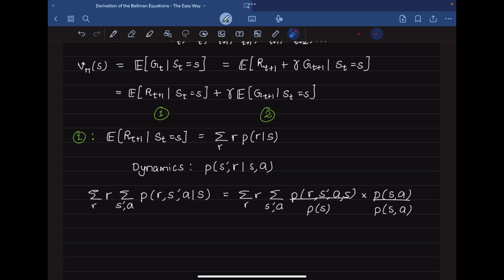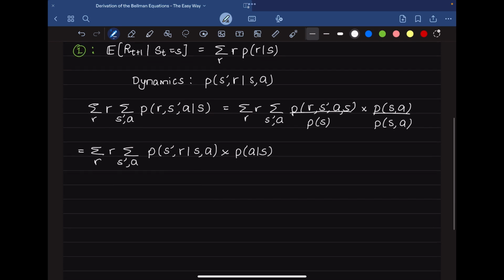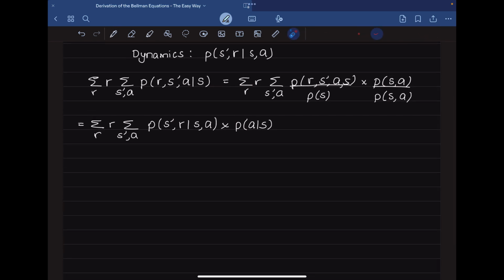And now let's just focus on this particular part, and this will basically make it equal to summation over all R, summation over all the next states and actions, probability of going in the next state S prime and getting the reward R, given that we were in the state S and took action A, multiplied by now this particular term, and this will evaluate to the probability of taking the action A given we were in the state S. So clearly this particular term is the policy term, and this is the dynamics of the environment, and both of them are basically known to us.